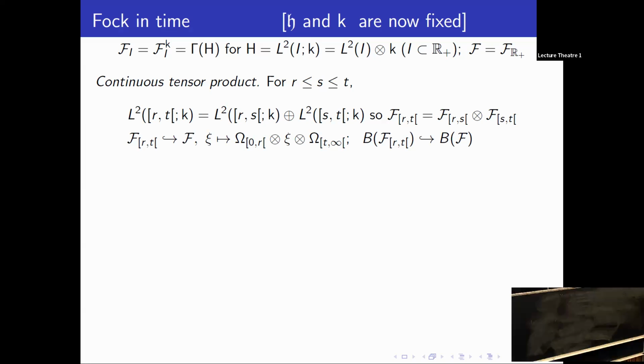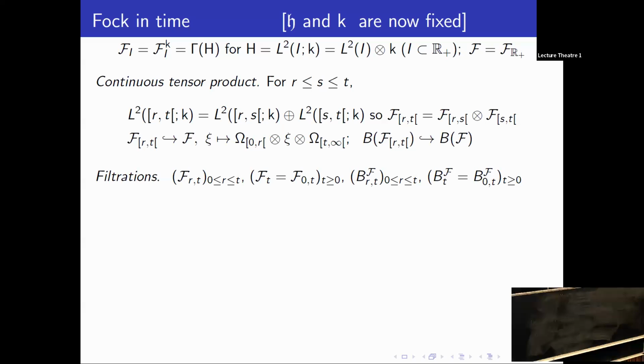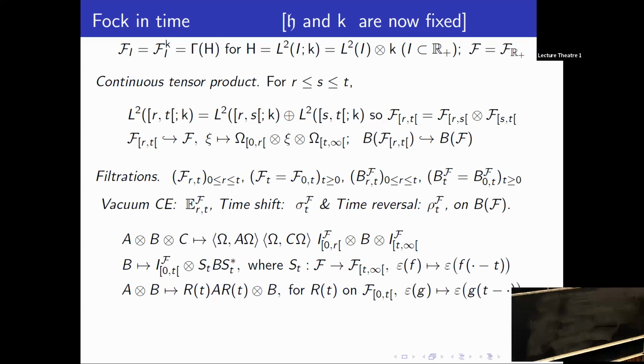If we do that, then we get a filtration of Hilbert subspaces, two index, one index, and similarly a filtration of subalgebras. So these filtrations of subalgebras appear as the natural notion of adaptedness to a filtration of subalgebras, which mirrors the classical probabilistic idea.